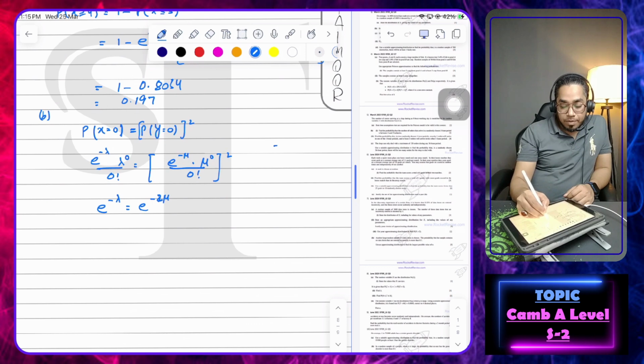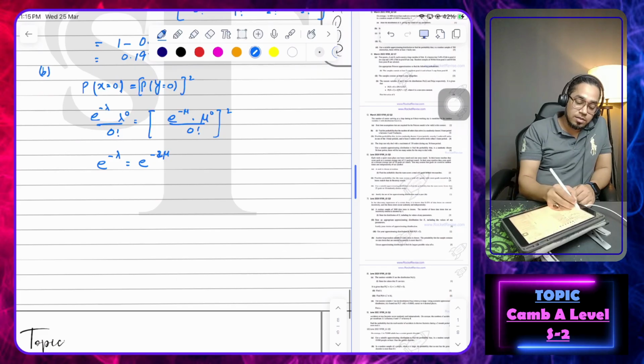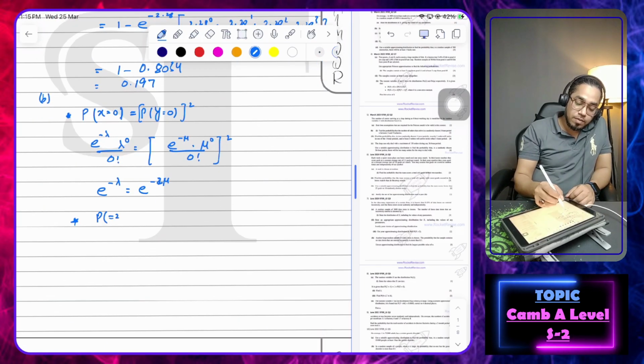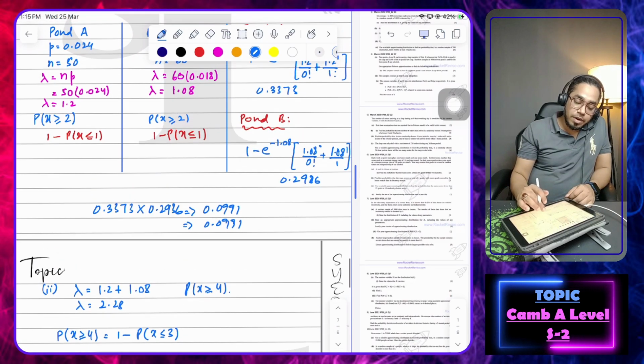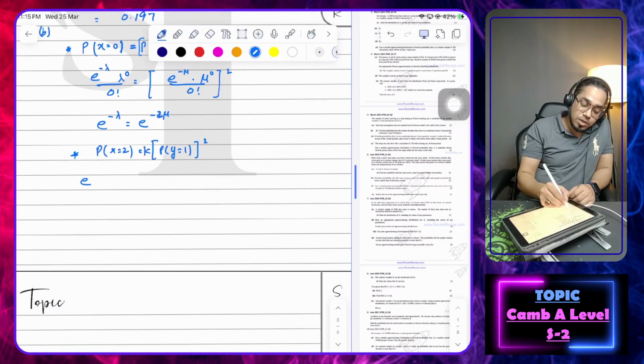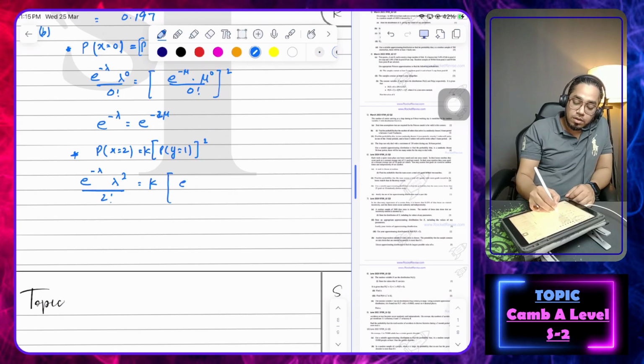And the second condition that they have provided me was the probability of X equal to 2 is k times the probability of Y. So exponential minus lambda and lambda to the power 2 divided by 2 factorial will be equal to k times exponential minus mu, mu to the power 1 divided by 1 factorial, and squared.